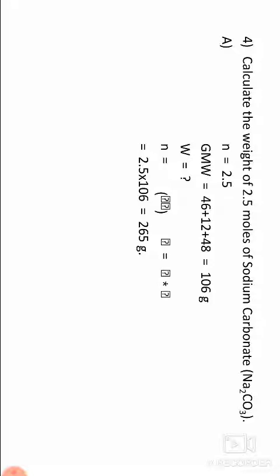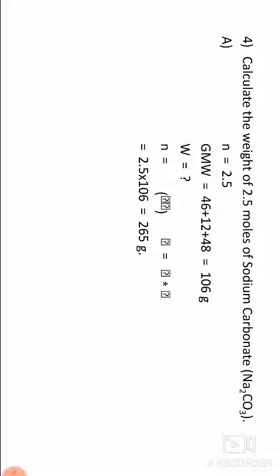Fourth one: calculate the weight of 2.5 moles of sodium carbonate. Number of moles equals 2.5. The gram molecular weight of sodium carbonate is 106.